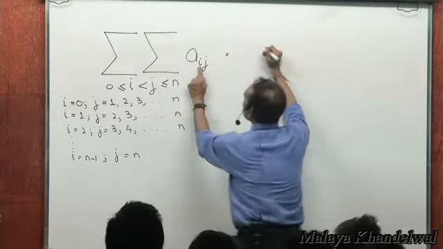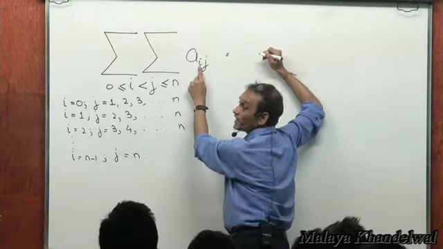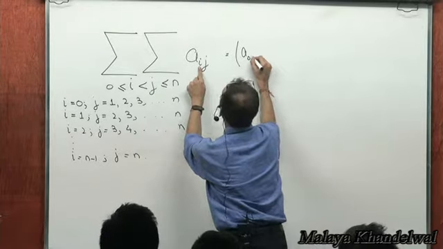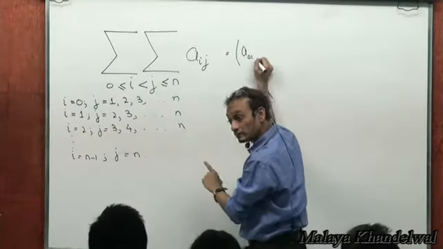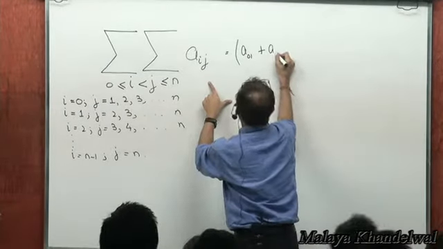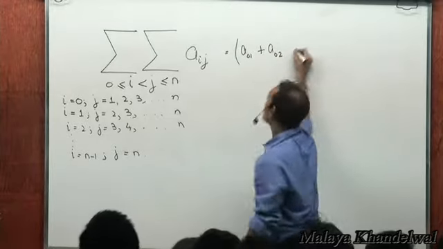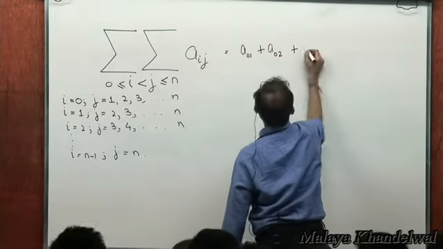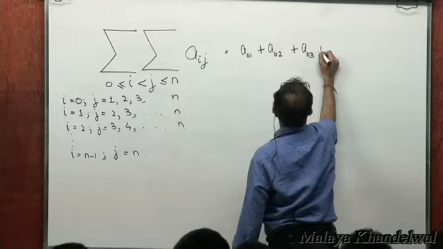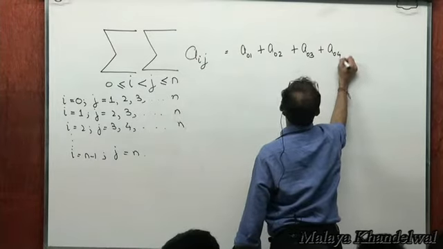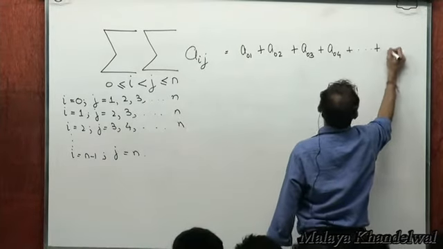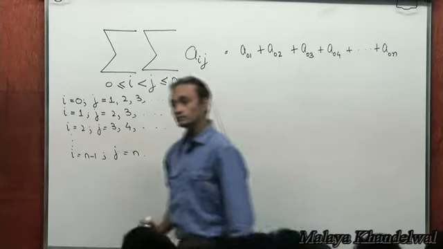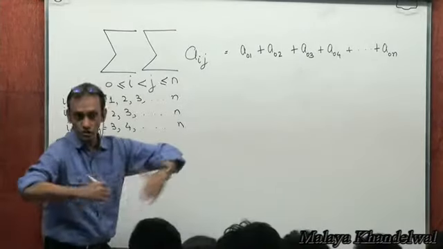So let me start with the row that starts with i equal to 0. i equal to 0 means a 0, j will be 1. i is 0, j can be 2. i is 0, j can be 3. i is 0, j can be 4. i is 0, j can be n, right? That's the first row.